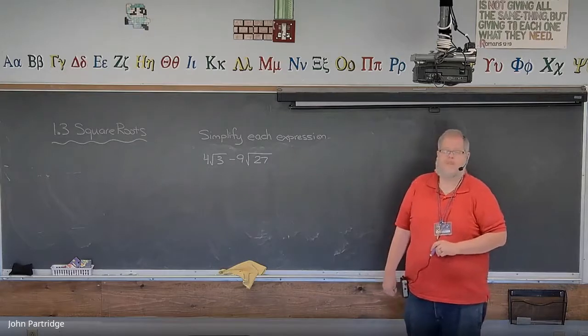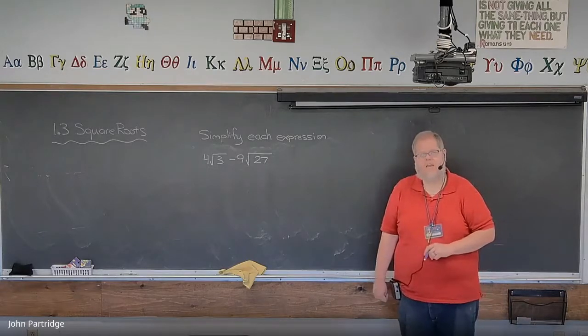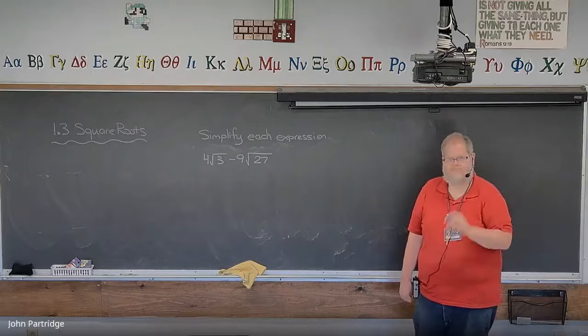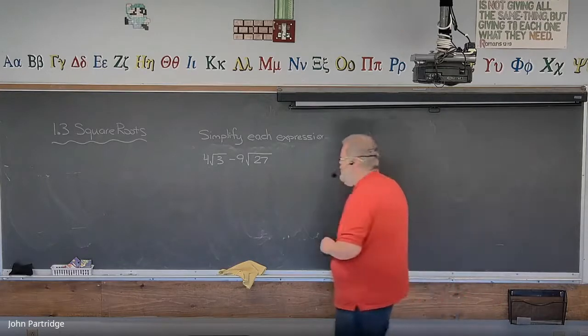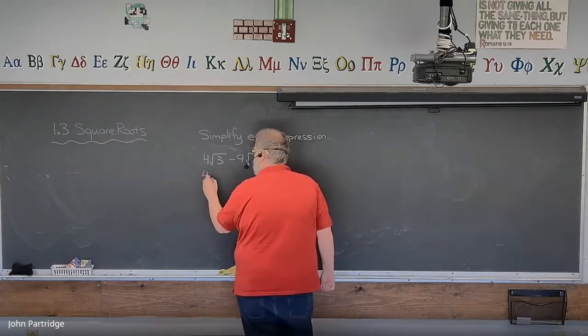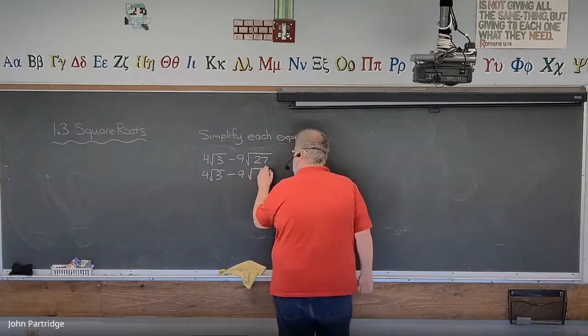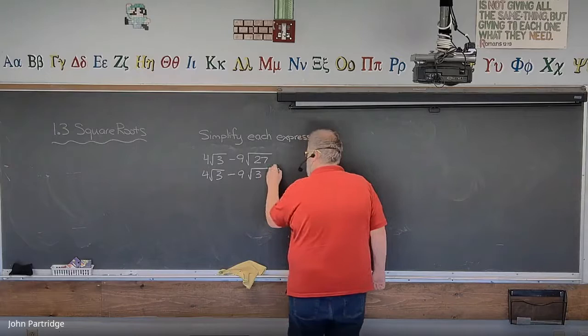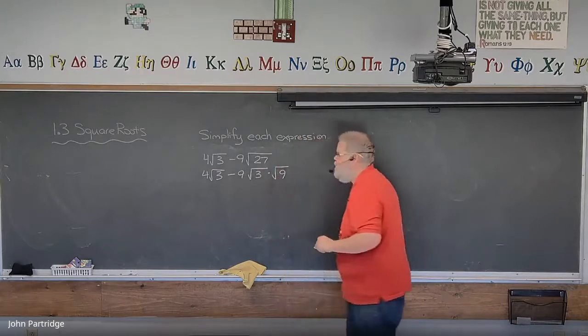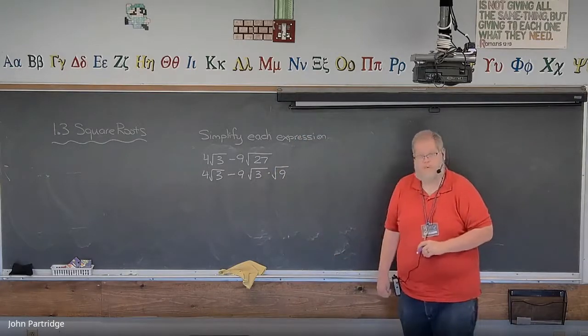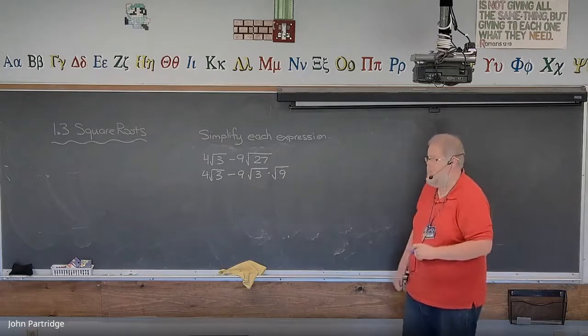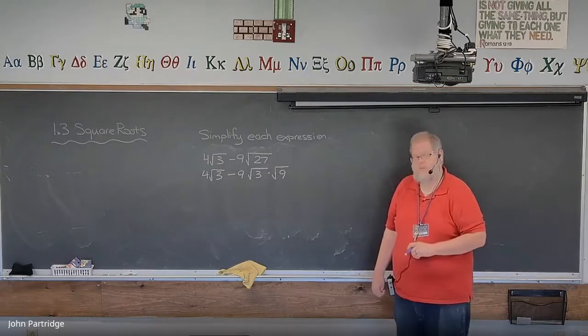Four square roots of 3 minus 9 square roots of 27. Let's begin. Four square roots of 3 minus 9 square roots of 3 times the square root of 9.